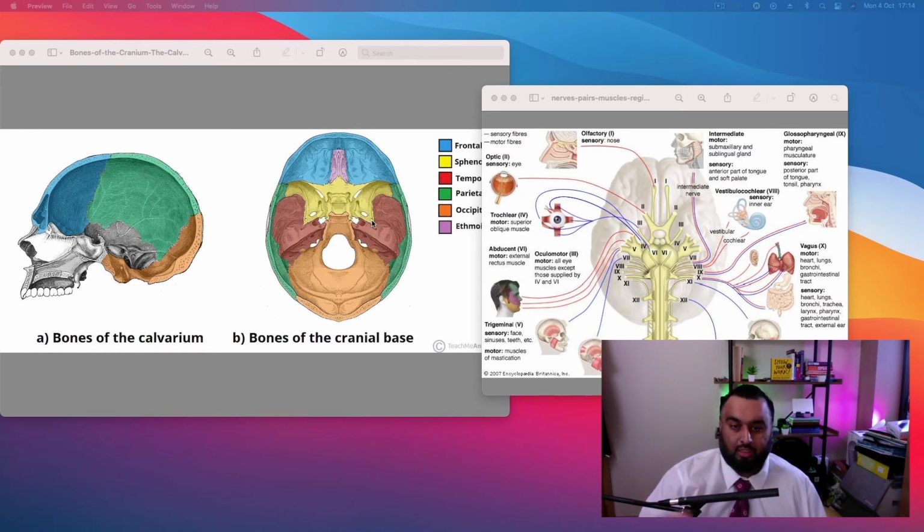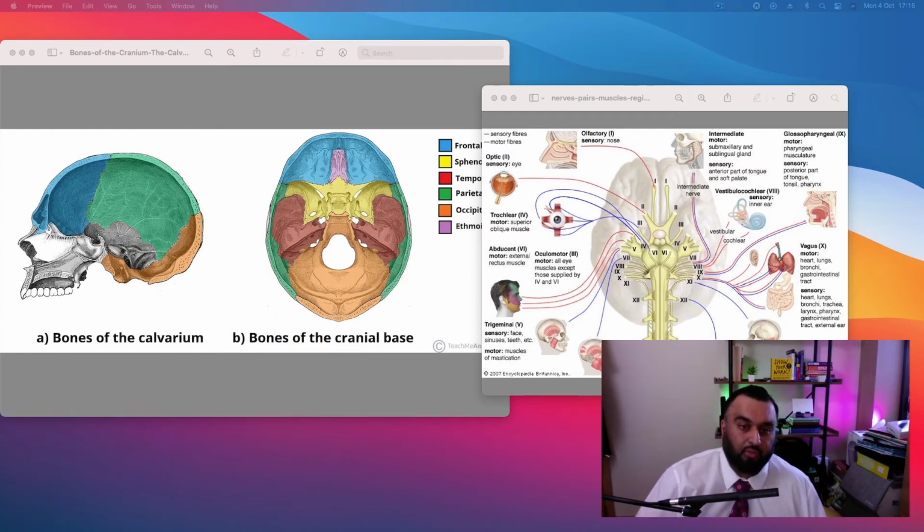The anterior branch normally communicates with the meningeal branch of the maxillary nerve, whereas the posterior branch is responsible for supplying normally the mucous lining of the mastoid cells.